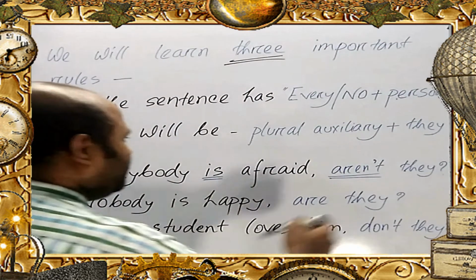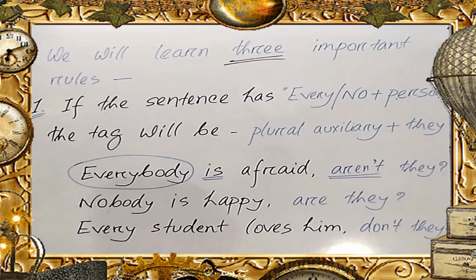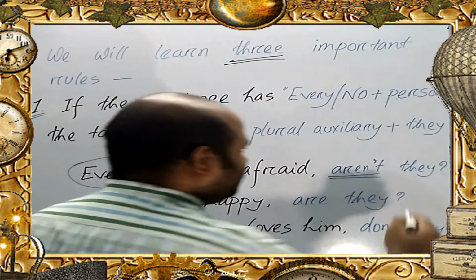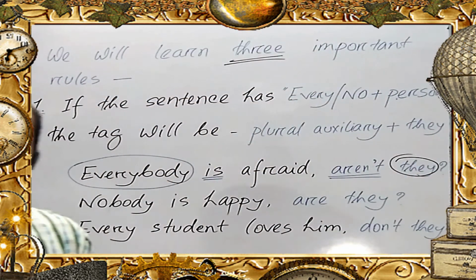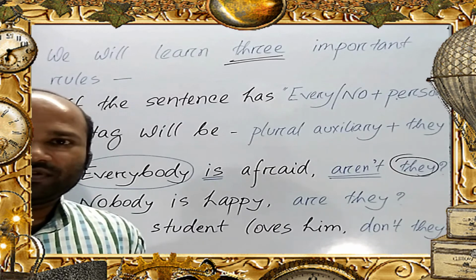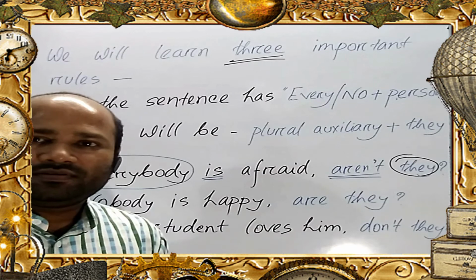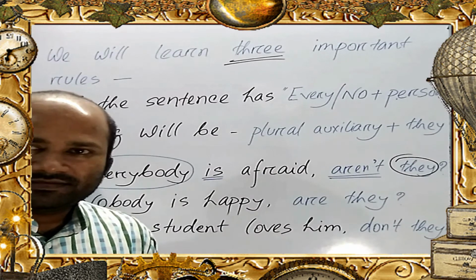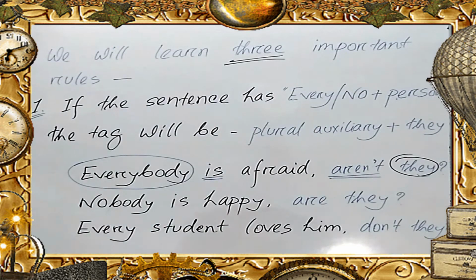And for everybody we have to use pronoun they. That is a quite difficult or confusing rule. Most of the students are likely to fall into this case. Then nobody is happy. Nobody, that is no, and the personal pronoun or person body. So nobody is.